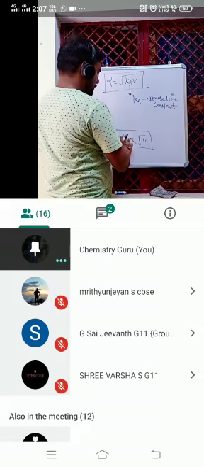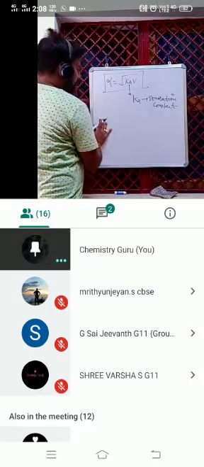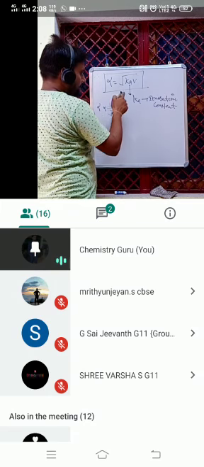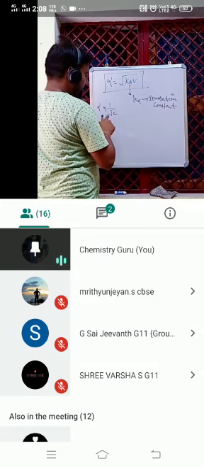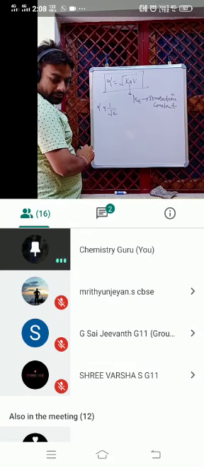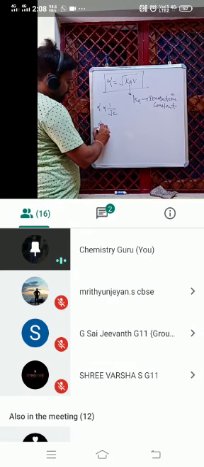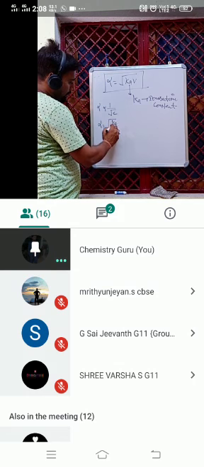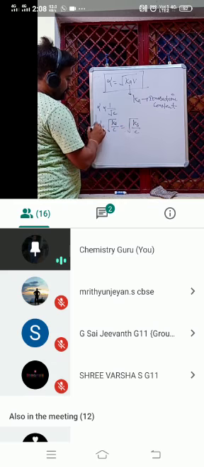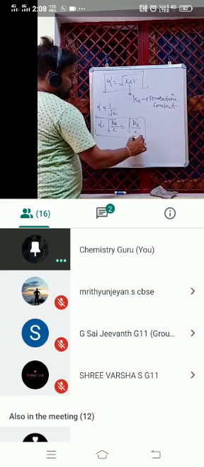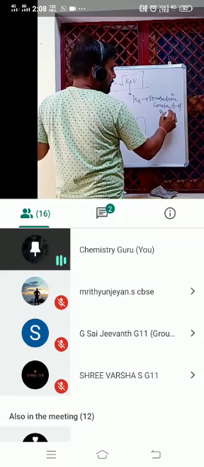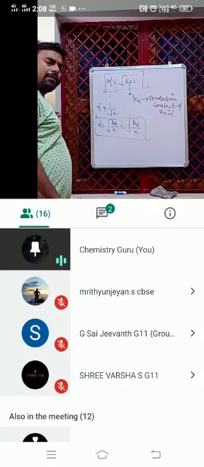One more explanation is here. Alpha proportional to 1 upon under root C, that means V. V depends upon concentration, so alpha proportional to 1 upon under root C. So alpha is equal to under root Ka upon C, or under root Kb upon C. Ka is the ionization constant of acid, so we can take acid and base both.